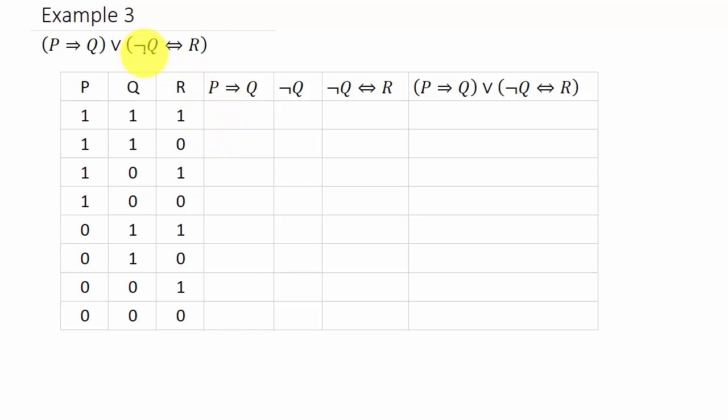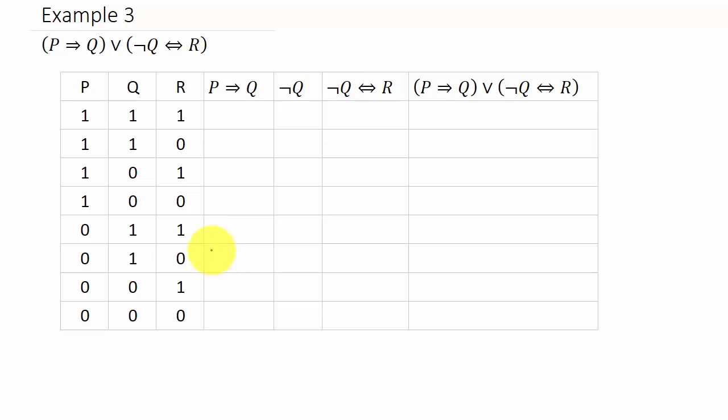And then I need not Q is equivalent to R. So in order to do this, I need to know what not Q is. So I have a column for not Q. And then I have not Q is equivalent to R, which is this one. And then once I get all of these, I can put it together by using this column and this column.